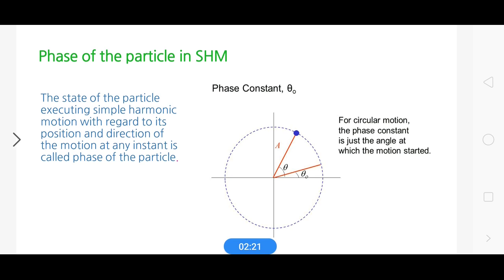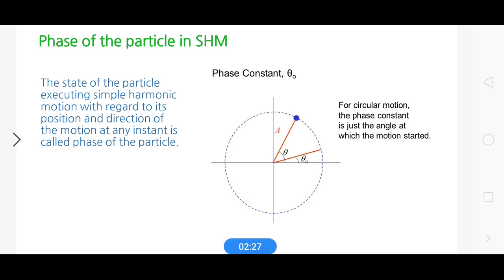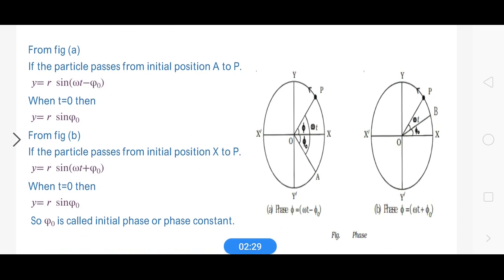Now how to derive the expression for the phase of the particle in SHM. For this I am considering two figures. Observe the figure. In the first figure, the particle is moving in the circular path x, y, x dash, y dash. Next, in the second diagram, the particle is also moving in x, y, x dash, y dash.